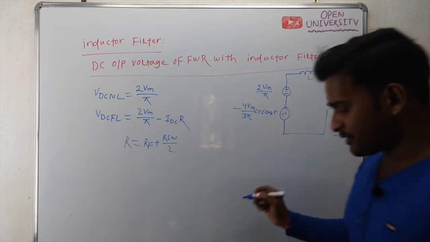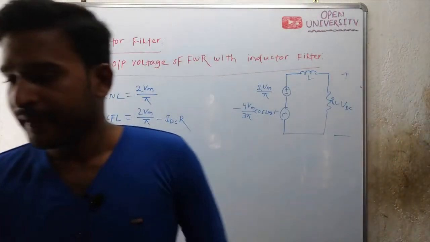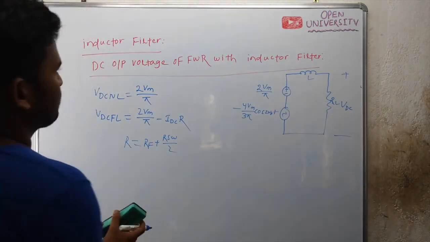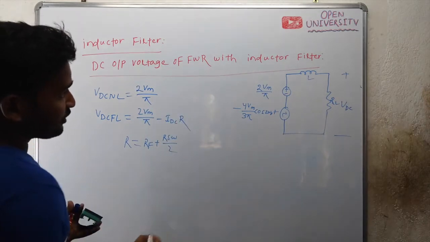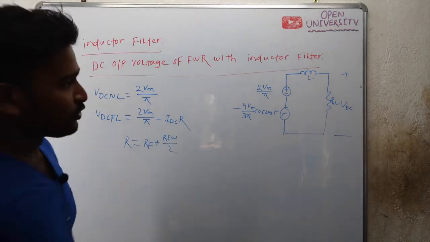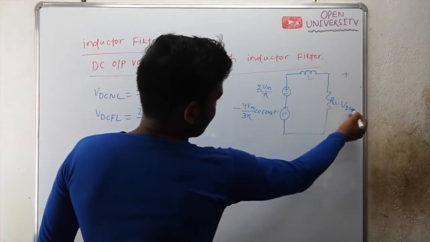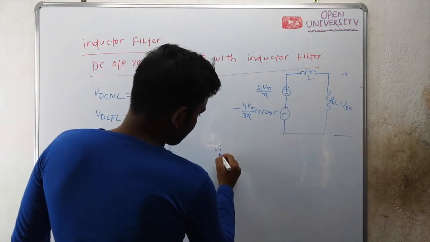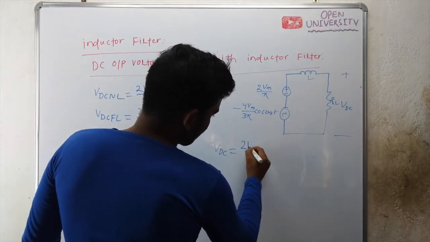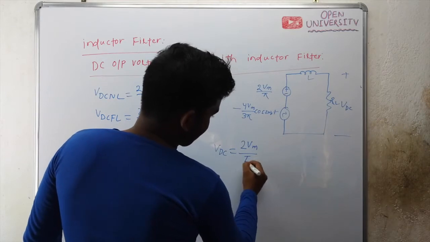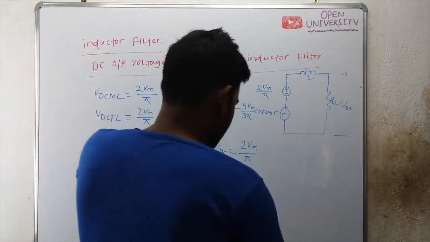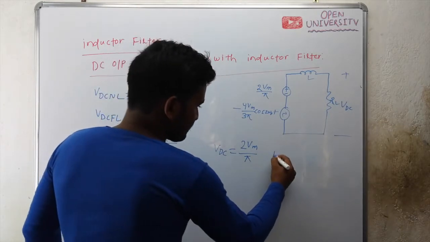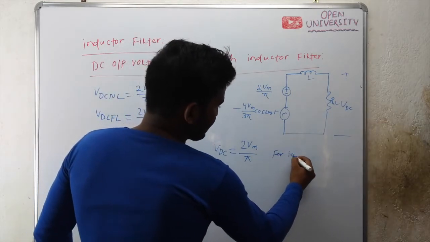So the DC output voltage of full wave rectifier with inductor filter is 2 Vm by pi. This is for the ideal case.